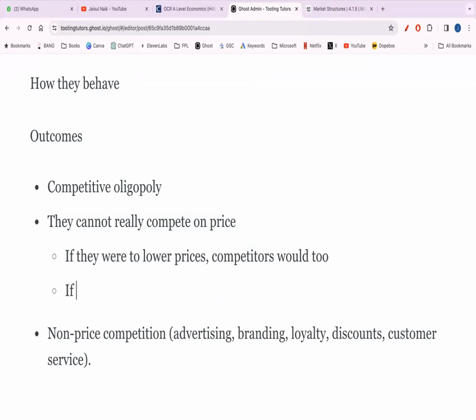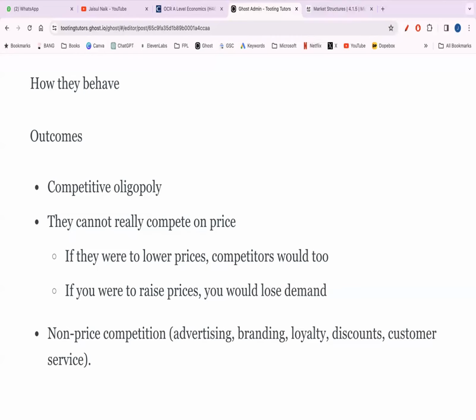And what about if you raise your prices? Would it be negative because other firms with lower prices than mine would obviously receive more customers? Yeah, you would lose demand. So your competitors would gain market share because you raise your prices too high. So that's why firms in a competitive oligopoly don't compete on price.